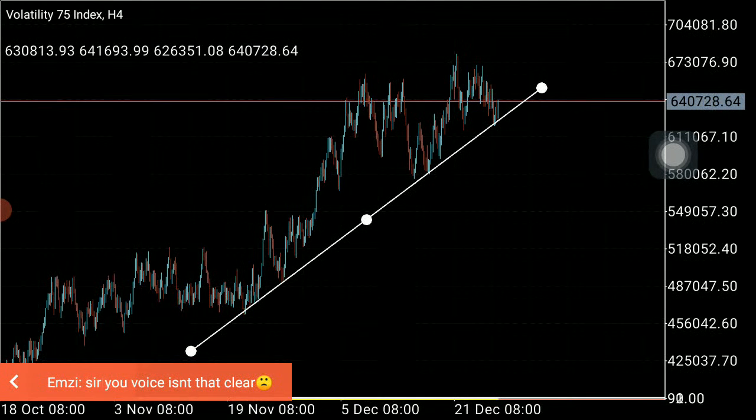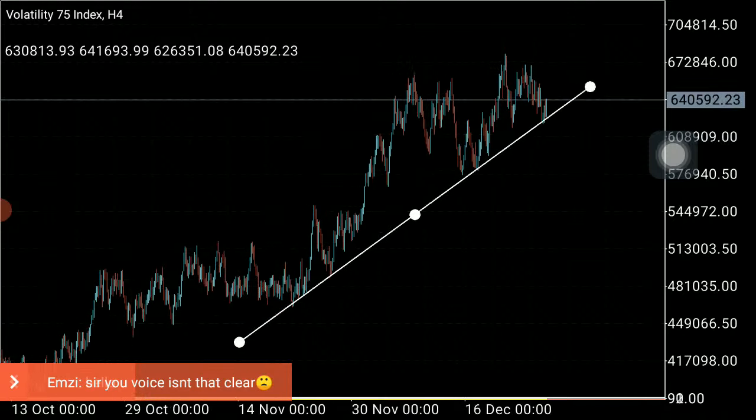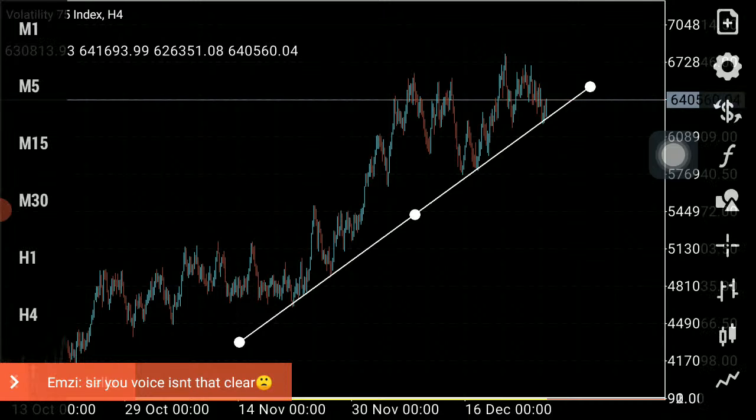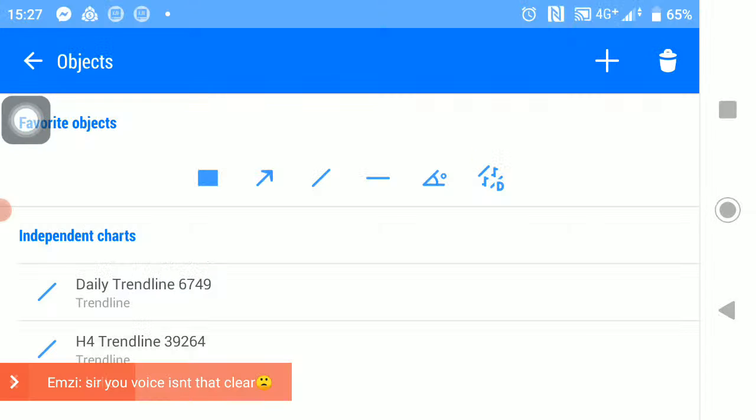To spot out your possible support and resistance levels, what you want to do is to use your trend line.